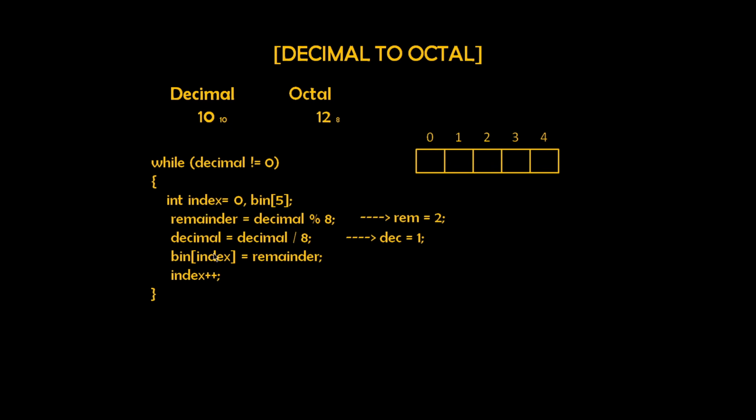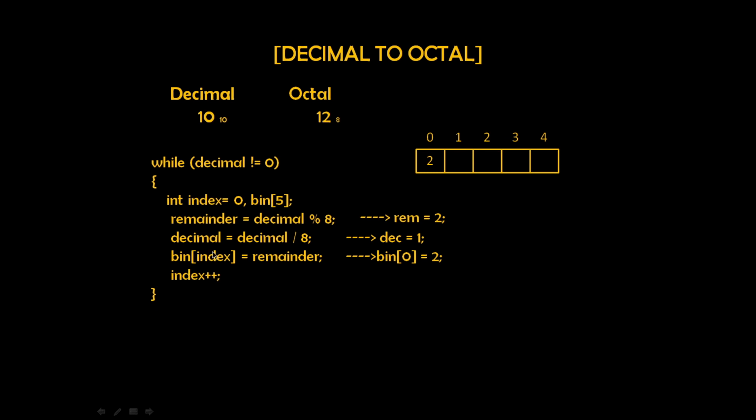So we have index 0, meaning in index 0, we are going to store the value of our remainder. Our remainder is 2, so as you can see, it will be stored to this block. So this is our data.